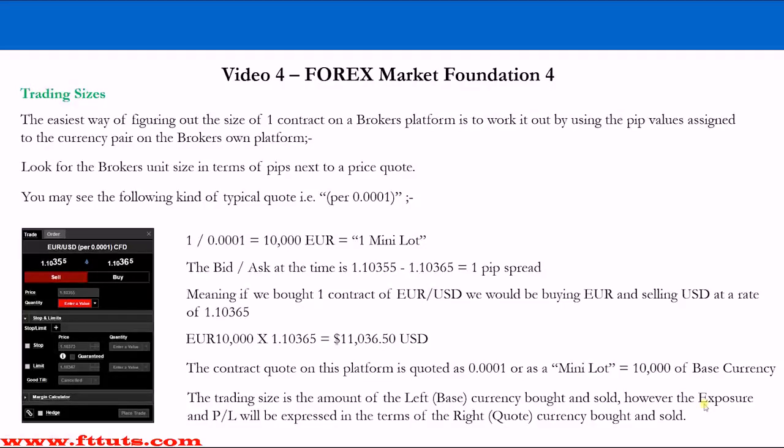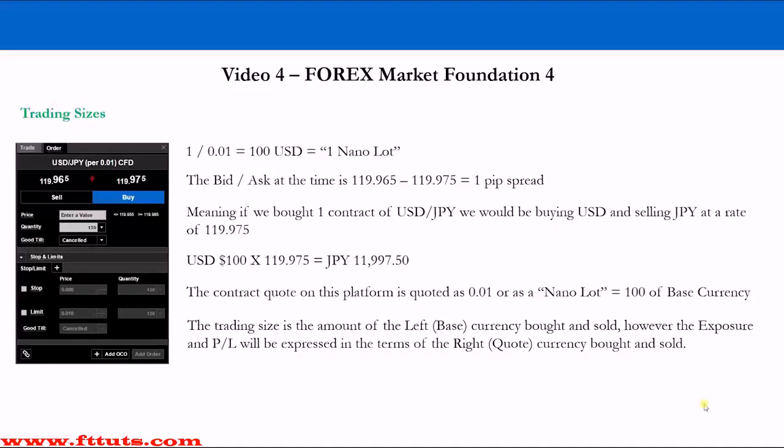Another example, so let's have a look at a lot smaller situation, a nano lot. If we're looking at dollar yen, for example, we can see that a pip value here is 0.01. So 1 divided by 0.01 is 100 US dollars, and that's equal to what we use in terms of language in the Forex markets, 1 nano lot.